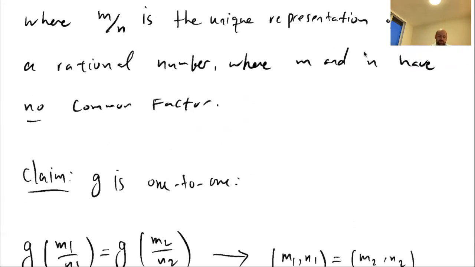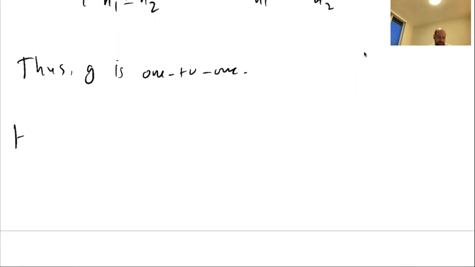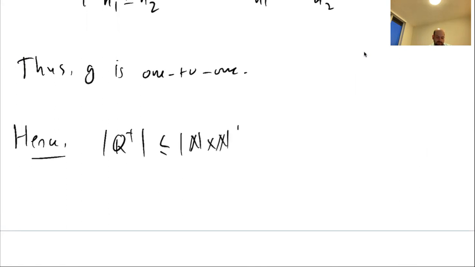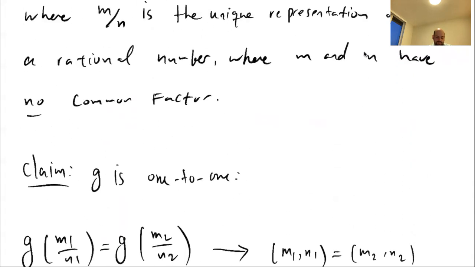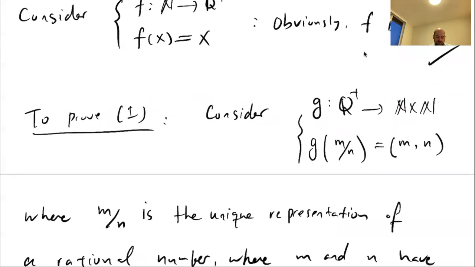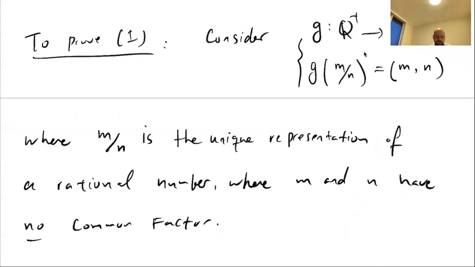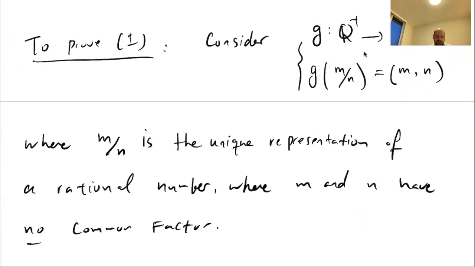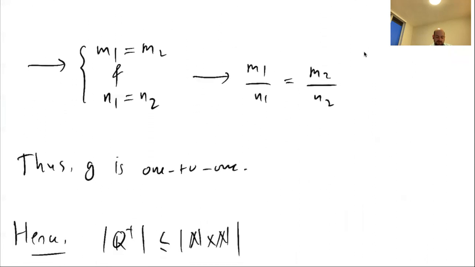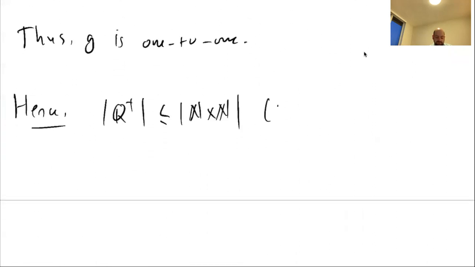Now, g is 1 to 1 means what? Hence, cardinality of Q plus is less than or equal to cardinality of N cross N. I constructed a one-to-one function from Q plus to N cross N. That means the cardinality of the first set is less than or equal to the cardinality of the second set, according to the definition.